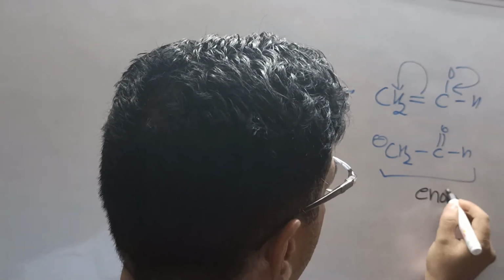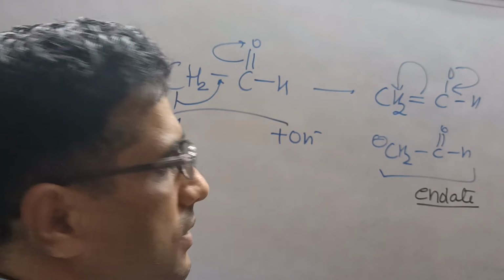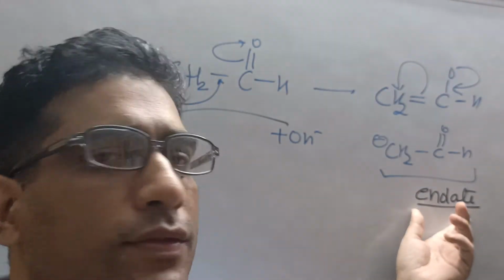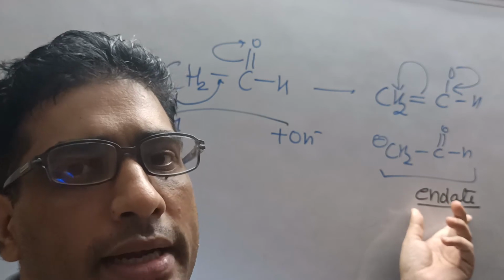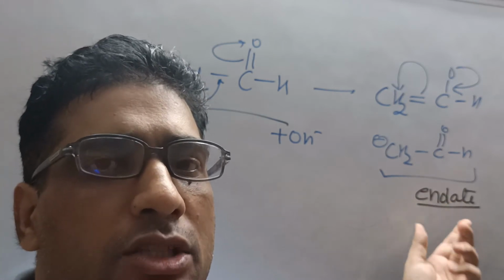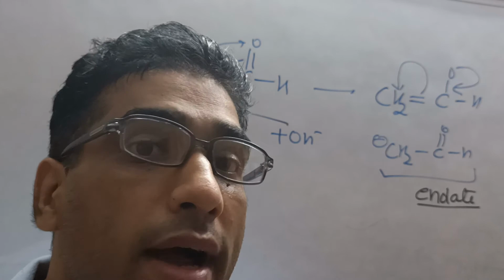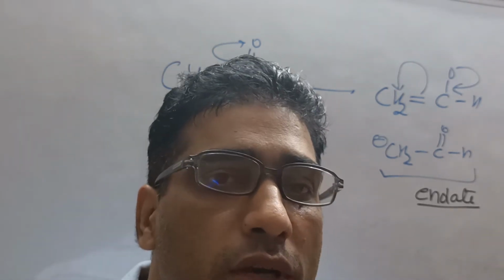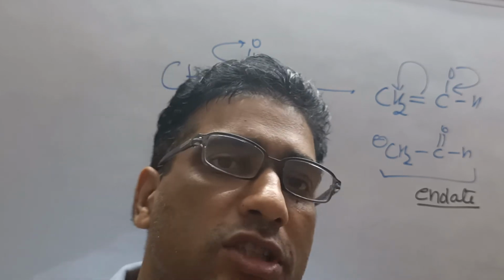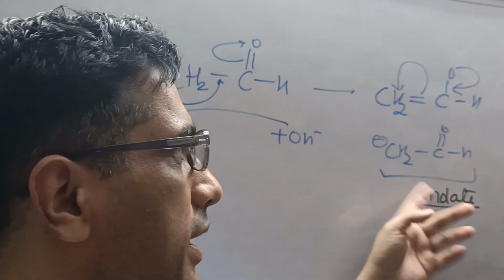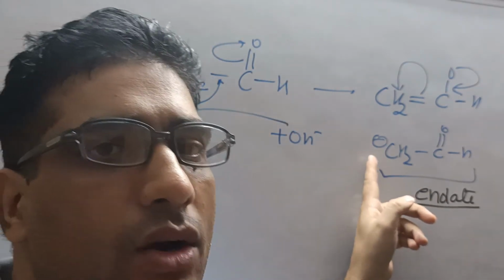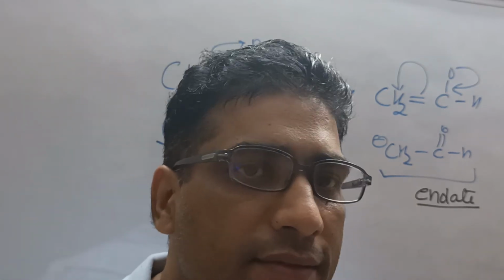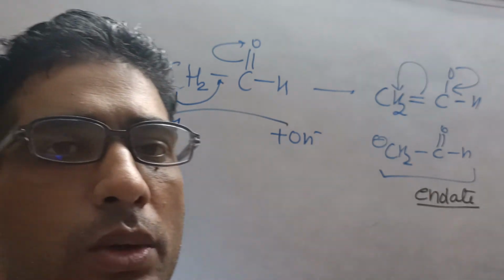So the first step of aldol condensation is generation of this negatively charged enolate ion. This enolate ion is going to act as a nucleophile. Now, what is nucleophile? Nucleophile is a species which is looking for a positive center, which attacks positive center. If you see over here, there is negative charge and obviously this is looking for a positive center.